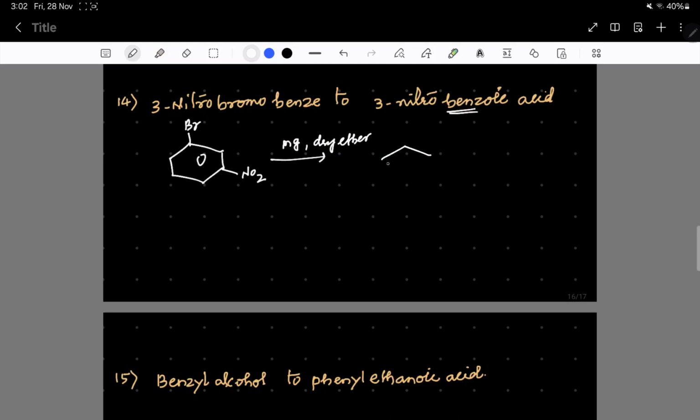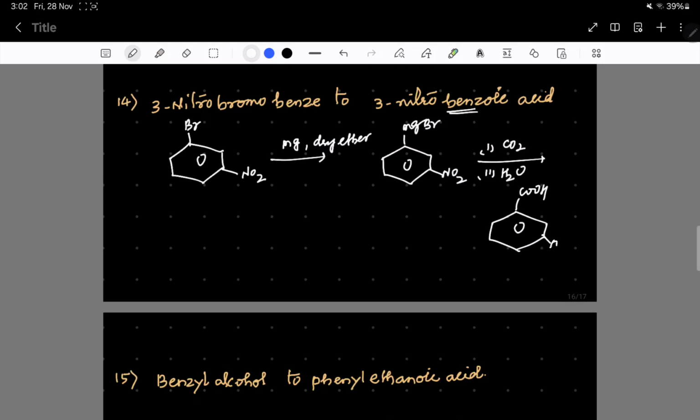This will be converted into the MgBr, the magnesium bromide. Then it is followed by the carbon dioxide reaction, then the water hydrolysis. Then you will get COOH, and this will be NO2. This is nothing but meta-nitrobenzoic acid, or we can call it 3-nitrobenzoic acid.